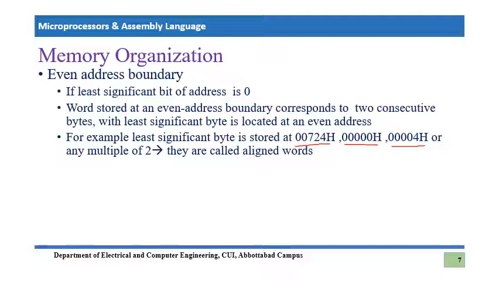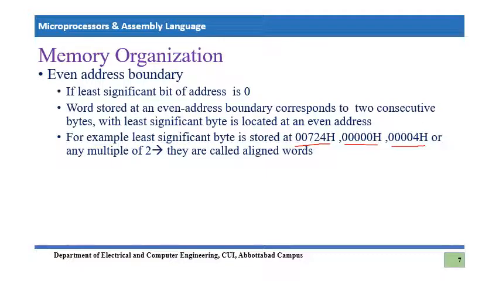So if I summarize, if the address of the location is even, then the location itself will be termed as even address boundary. And how does one identify it is even or odd? If it is in binary, we have to look at the last bit of the address. If that bit is 0, then it is even address.